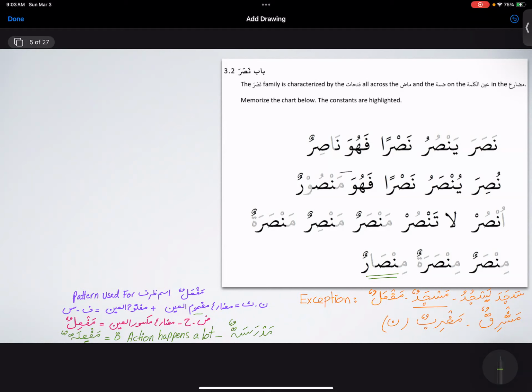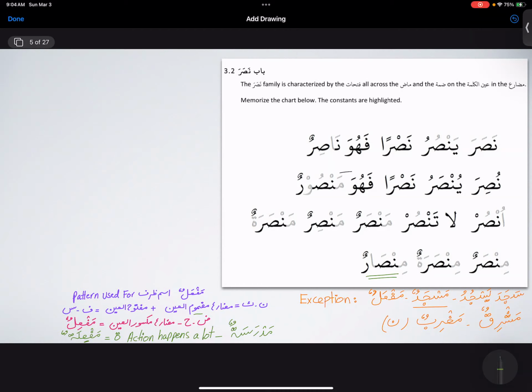So both are madmumul ayn. And then maftuhul ayn, what does that mean now? Fatha on the ayn letter. So now what bab are they? Fataha Yaftahu or Sami'a Yasma'u.